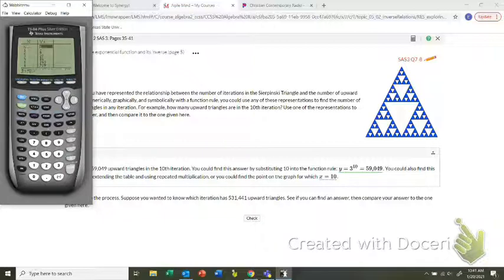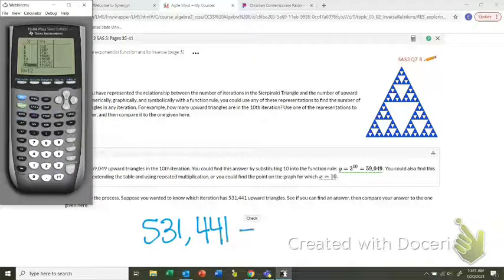Now, we are looking for when y equals 531,441. All right, so right here, here's our y, but what is our x? 12. So, in this case, 531,441 triangles equals 3 to the 12th power. So, n equals 12.